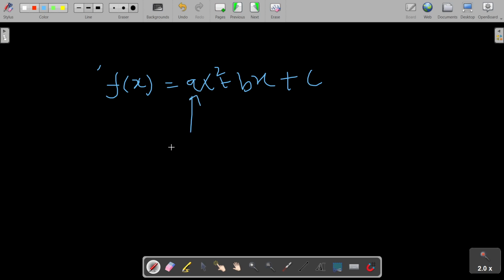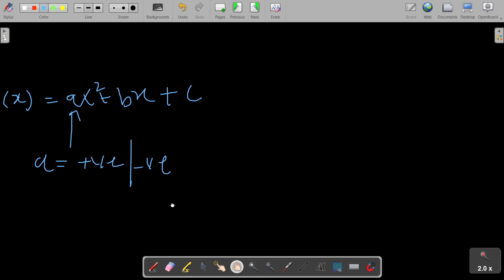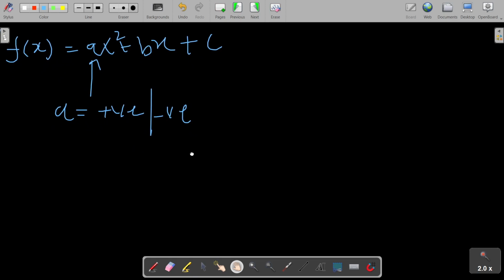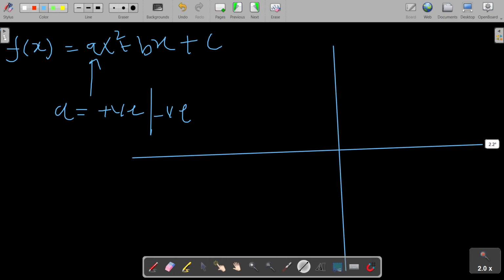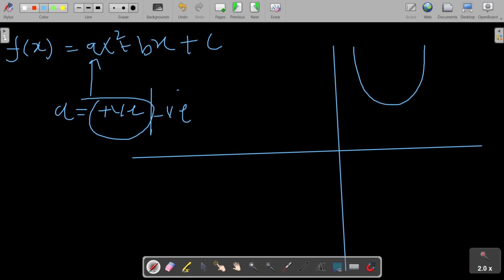There is a thing with the value of a: if a is positive or negative, the curve changes with that also. We can predict the concavity of this curve, not whether it goes upward or downwards. If a is positive, the curve goes like this. If a is negative, then the curve goes like this.